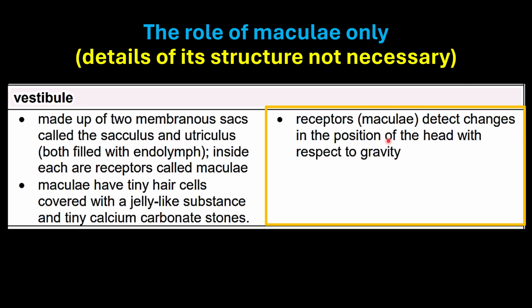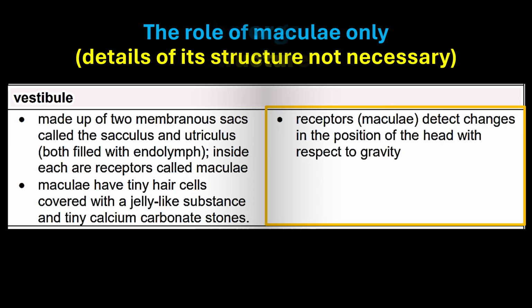So that is the function of the maculae. It is there to detect the position of the head with respect to gravity. Gravity pulls on these calcium carbonate stones, and the hair-like structures below actually respond to those changes.